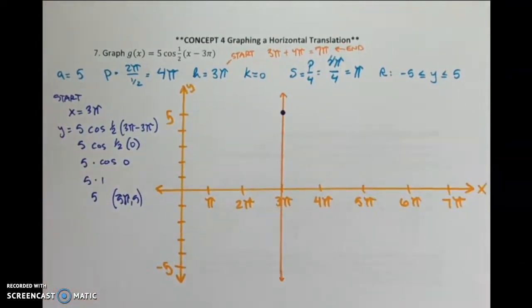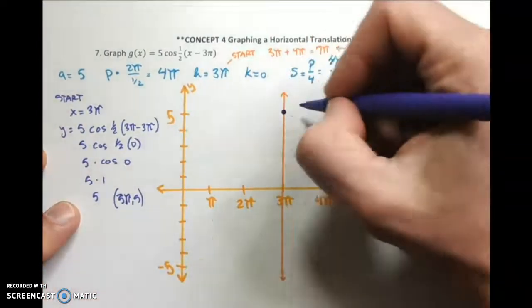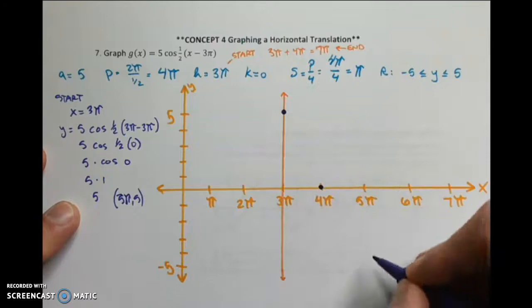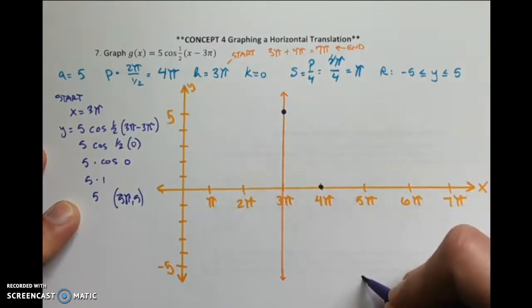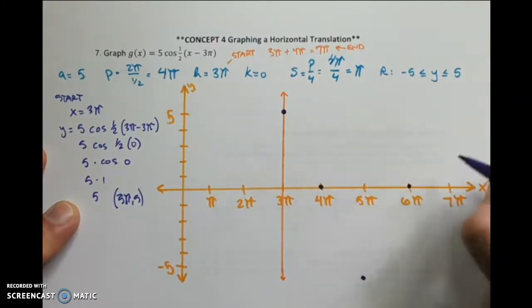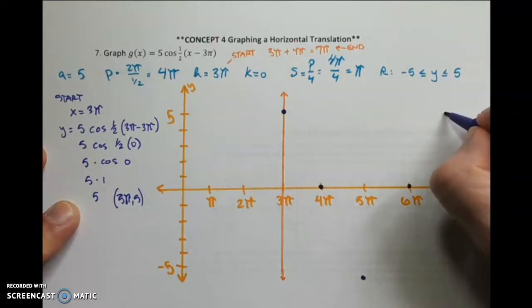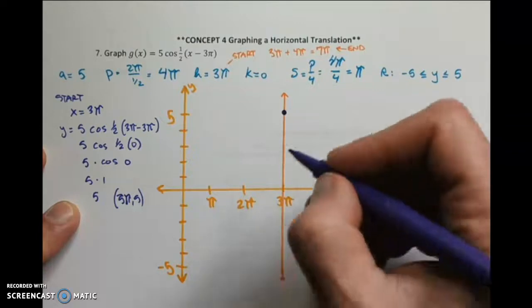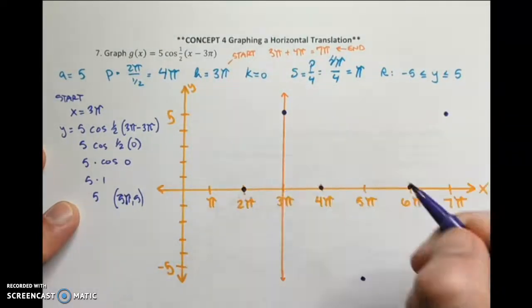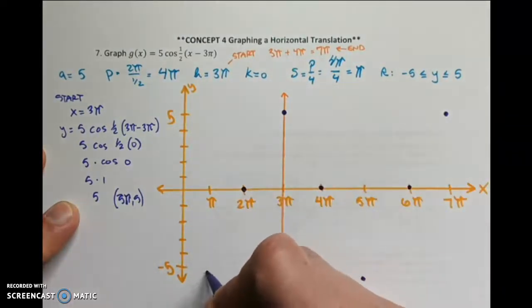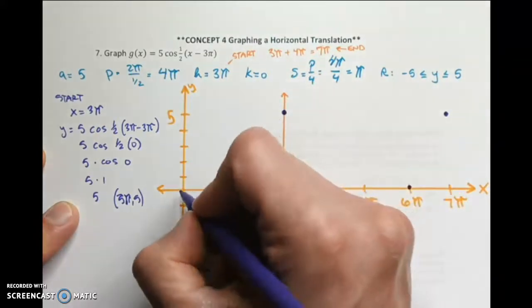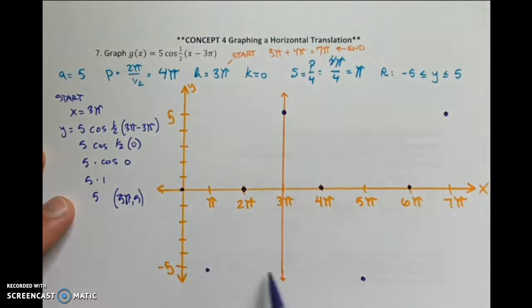Okay, I didn't make my dash lines, but I'm a little off, and I think it's okay. Then I'm going to come down here, so 1 all the way down here, 2, 3, and then right here (7 pi, 5). There is my cycle. I'm going to continue it this way. You can see I get a little off.